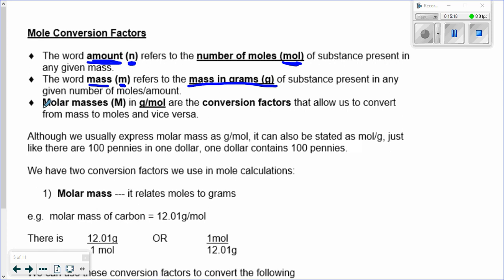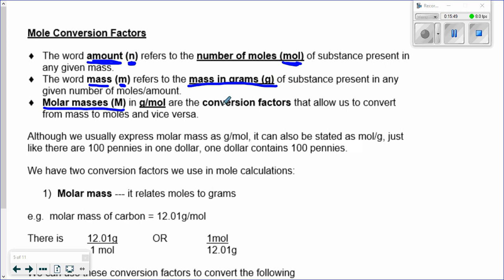And molar mass is with a capital M. So you got to be really specific. Some of you are driving me nutso with your nomenclature, having letters that look like capitals at the beginning. You need to be very specific here because we have a lowercase m and an uppercase M in this. So the uppercase M is our molar mass in grams per mole. That's what we calculated out yesterday. The lowercase m is mass in grams, and n is the number of moles of a substance present in any mass.